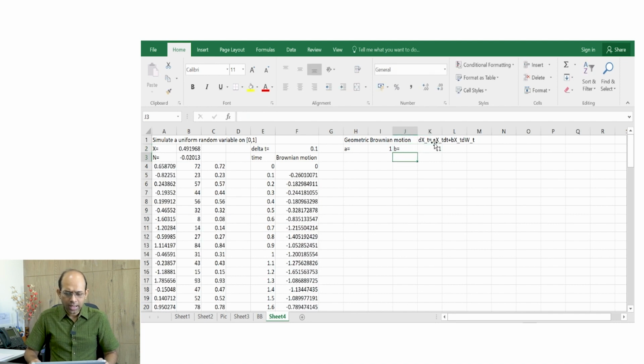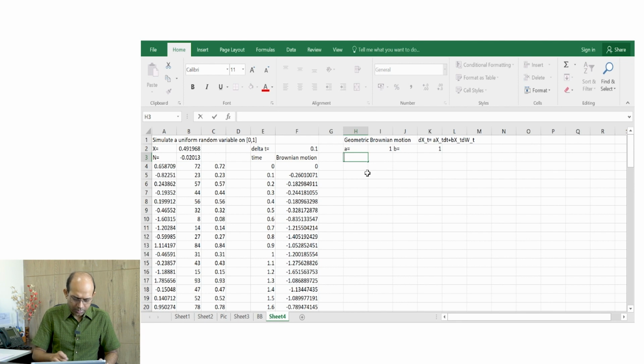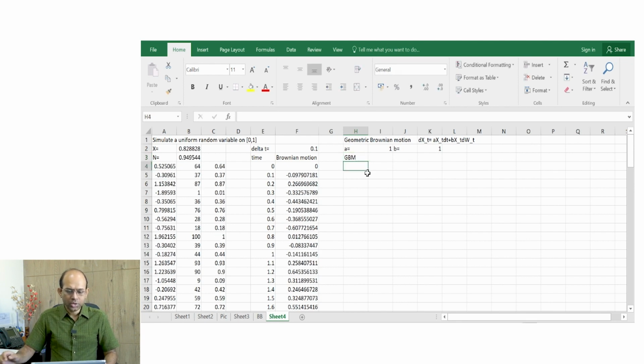Then dt we also need to specify; we select the same dt as 0.1. And here we would like to write down this Xt, that is the geometric Brownian motion. I write down GBM here.